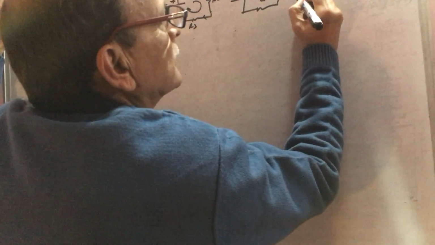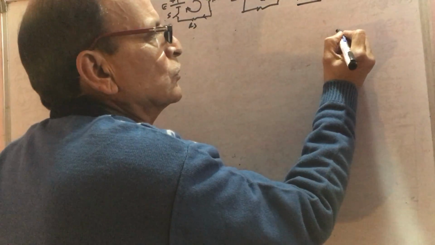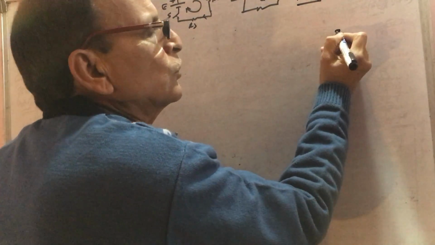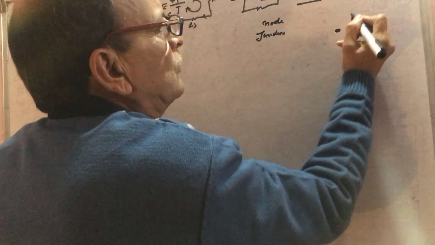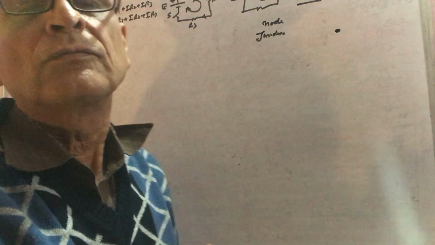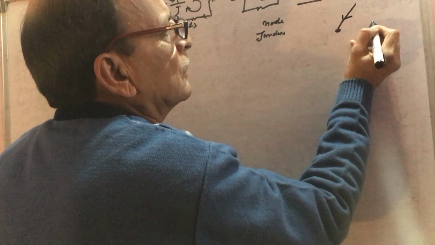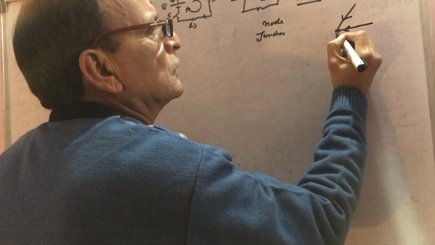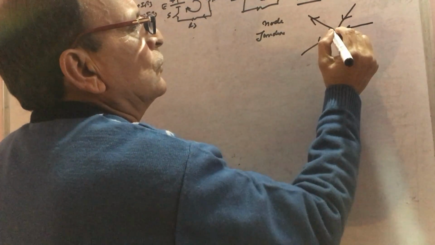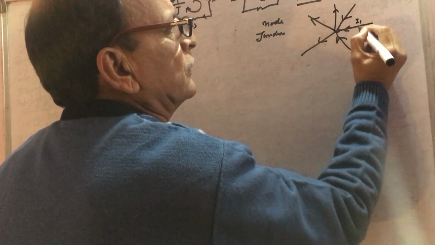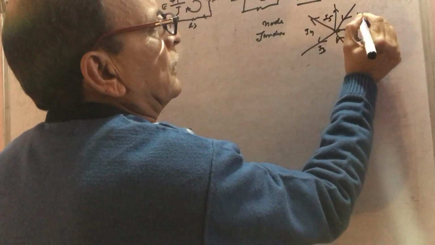And KCL, Kirchhoff current law, states that at any node or junction, so this is node or junction. What is node and junction? A point where number of branches come or leave. So let I1, I2, I3, I4, I5, I6.